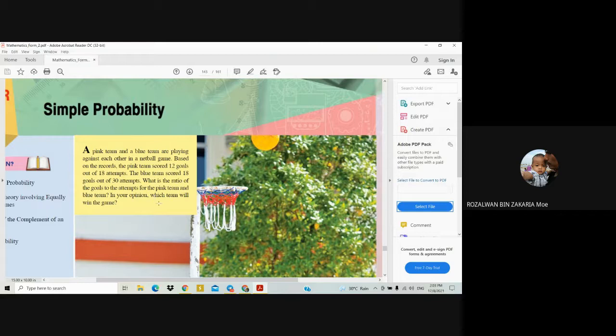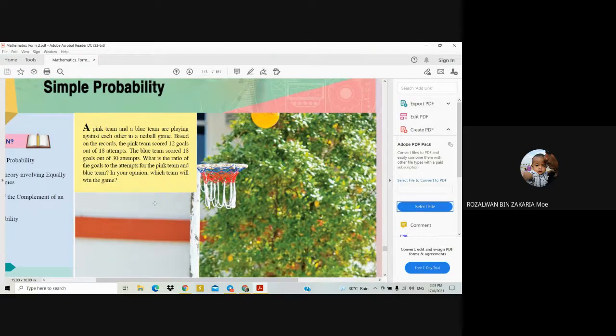So the higher the ratio obtained by the team, the higher the chance for that team to win the game. That's why in this situation, in my opinion, the pink team will win the game because it has the higher ratio of goals scored to attempts.